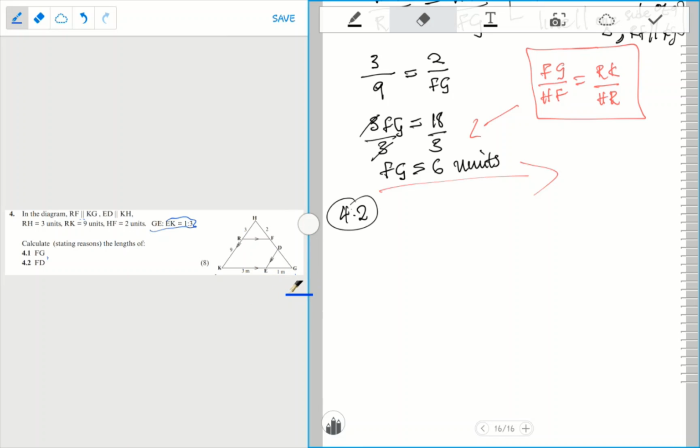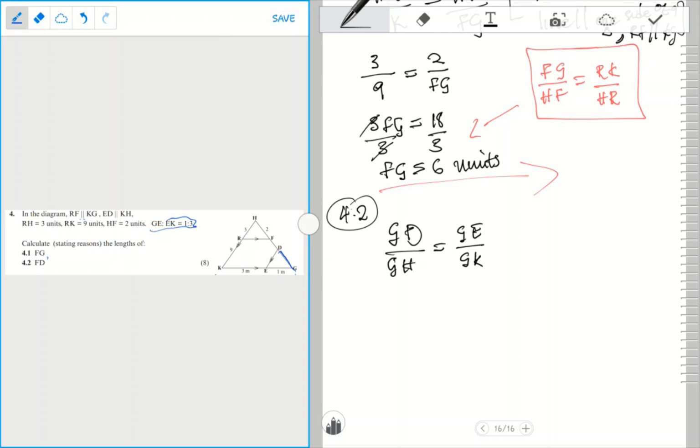Now we are saying GD over GH is equal to GE over GK. Let's check. I'm saying GD over GH is equal to GE over GK.